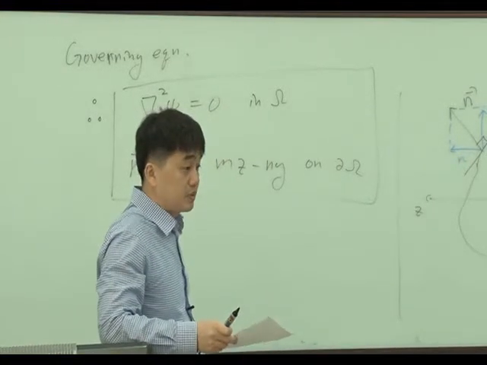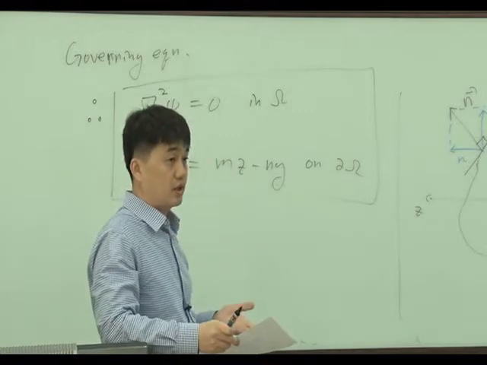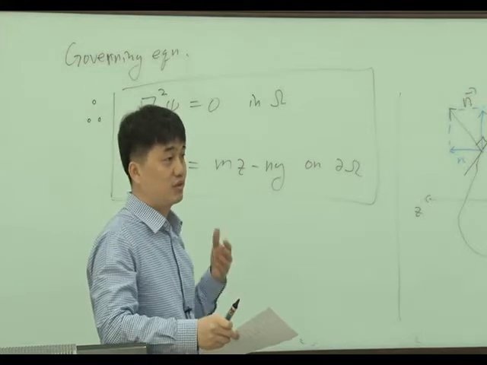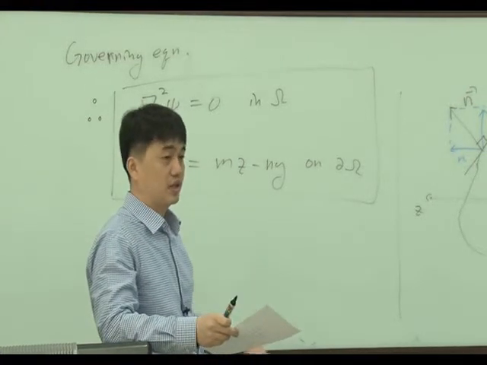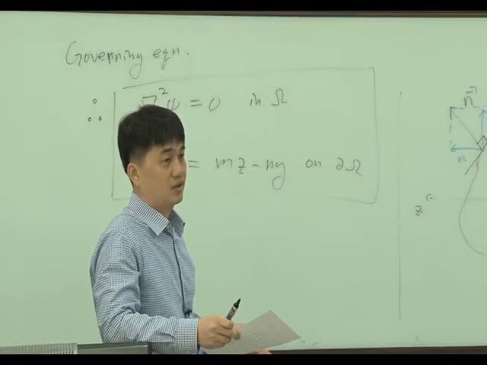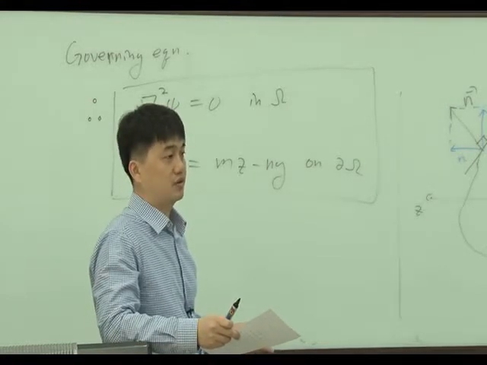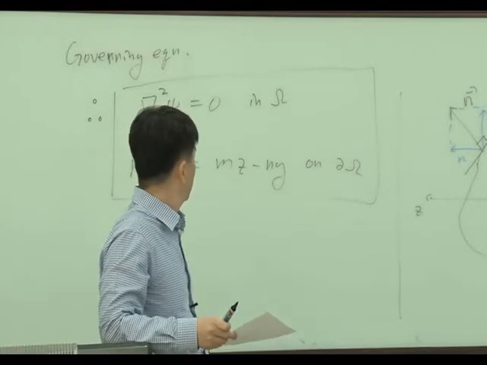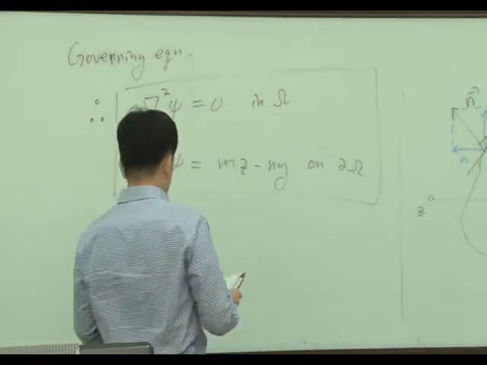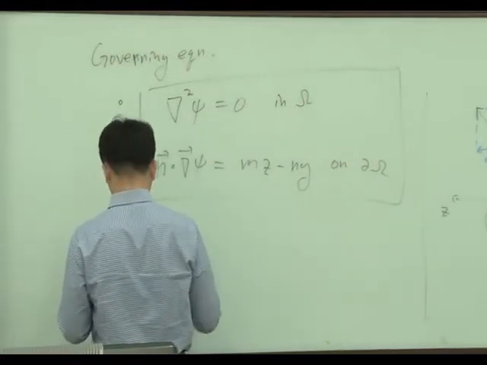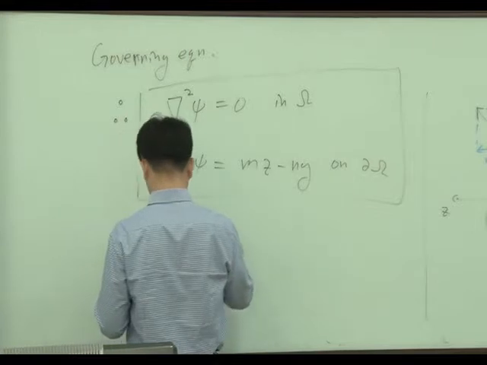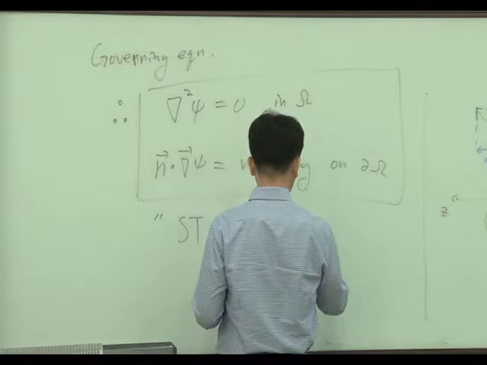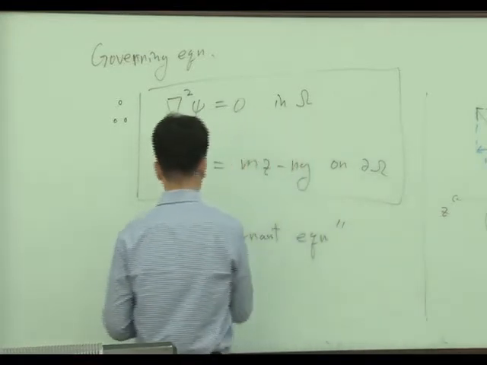So if we solve this problem, this governing equation, we can find out what? The warping function. So once we know the warping function, we can calculate stress, strain, and displacement, right? So the warping function is one of the displacements. This is a very well-known equation. Its name is the Saint-Venant equation.